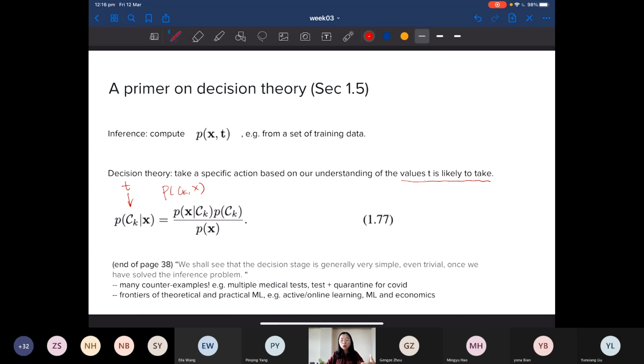So let's say a patient shows up in the hospital who is fairly sick, and the doctor has multiple medical tests at their disposal to figure out what is going on. And the different medical tests may have different sensitivity and cost and wait time.